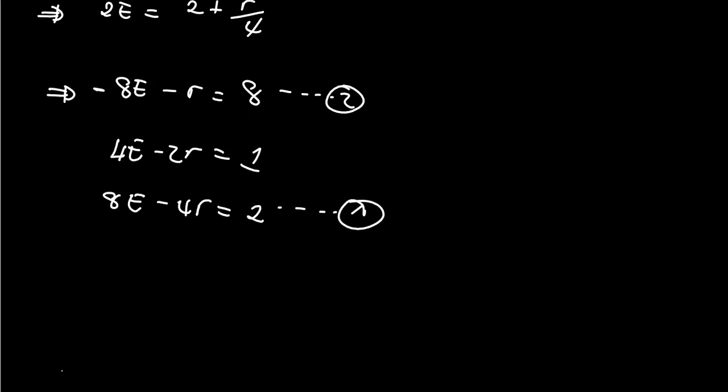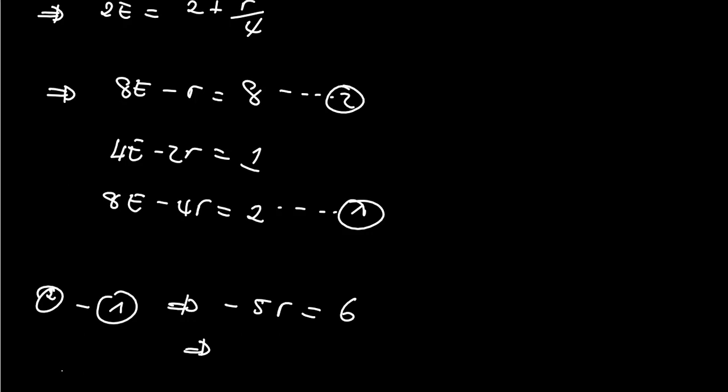So if I take equation 2 minus equation 1, I get 8E minus 8E will simplify.